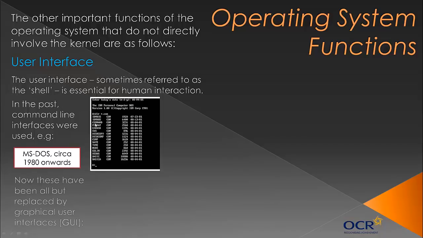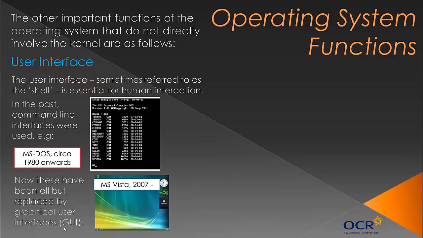But nowadays we have what are called graphical user interfaces. Lots of people call them GUIs. That's the acronym, and lots of people like to pronounce it "gooey", but it doesn't really matter. These are far easier to use because you have pictures and icons. It's obviously far easier to use than a command prompt.